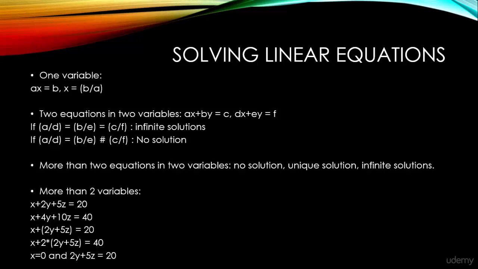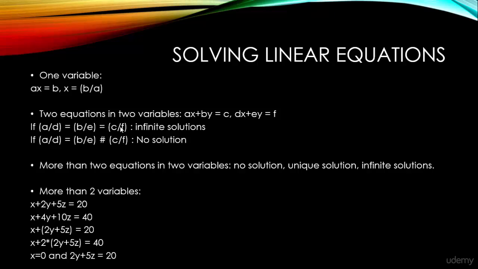The general form is ax plus by is equal to c, dx plus ey is equal to f. If a by d is equal to b by e is equal to c by f, then there are infinite solutions. Any point satisfying one equation will always satisfy the second.